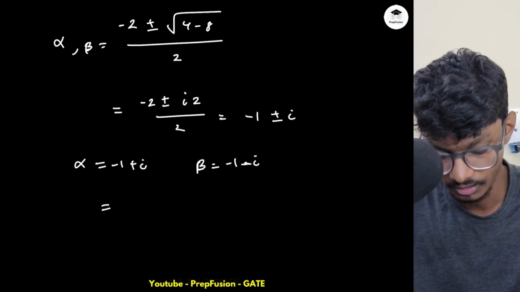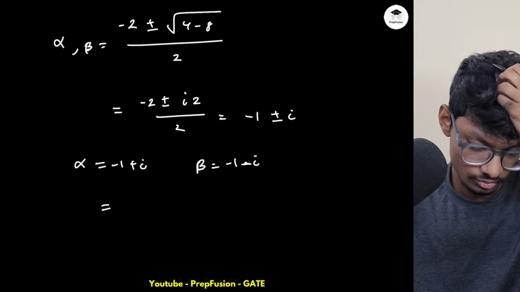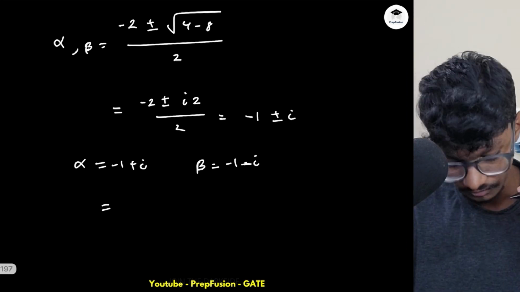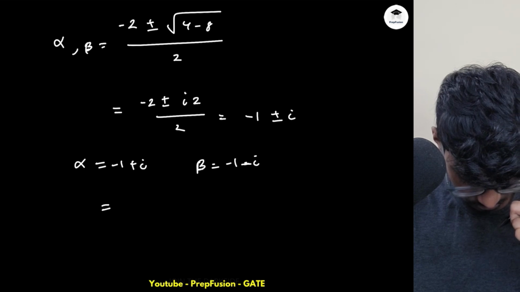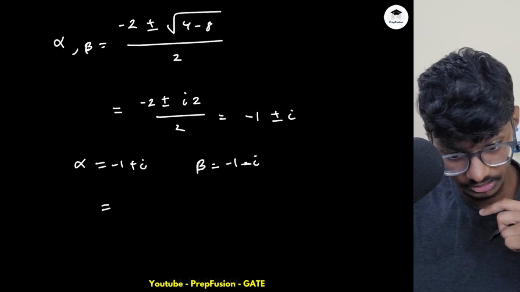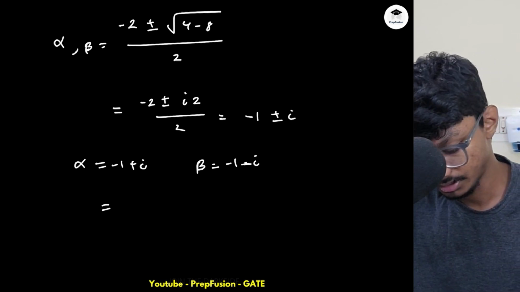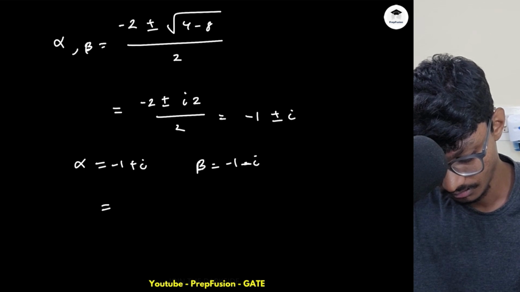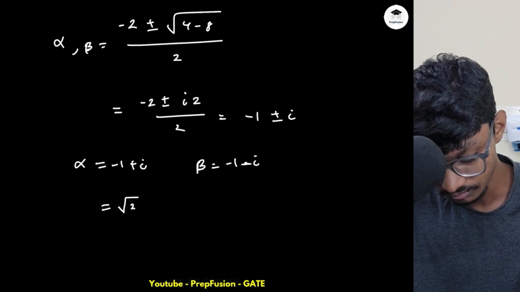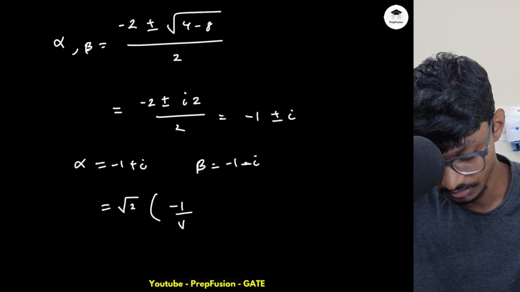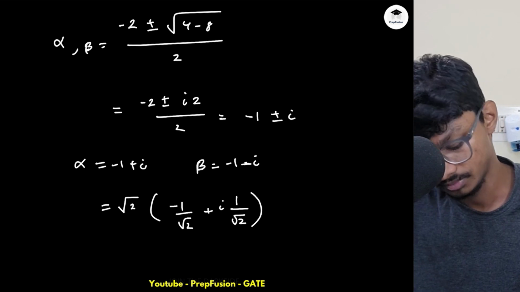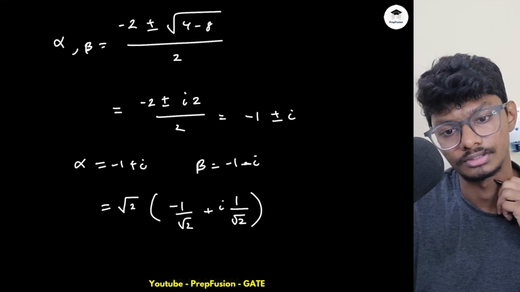And if the magnitude is root 2, then what will be the angle? If I take root 2 common, this will be minus 1 by root 2 plus i into 1 by root 2. Now what is this angle?